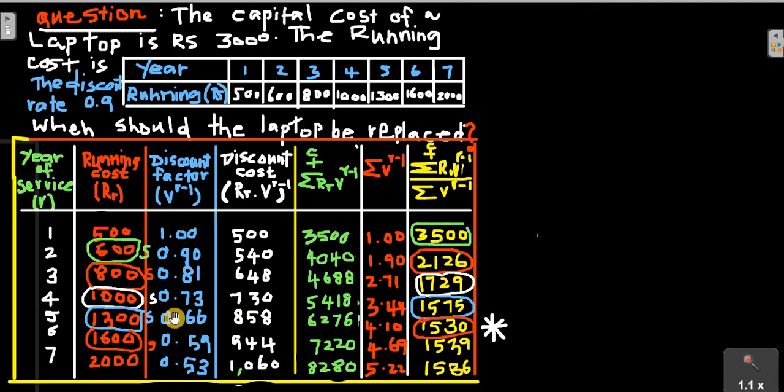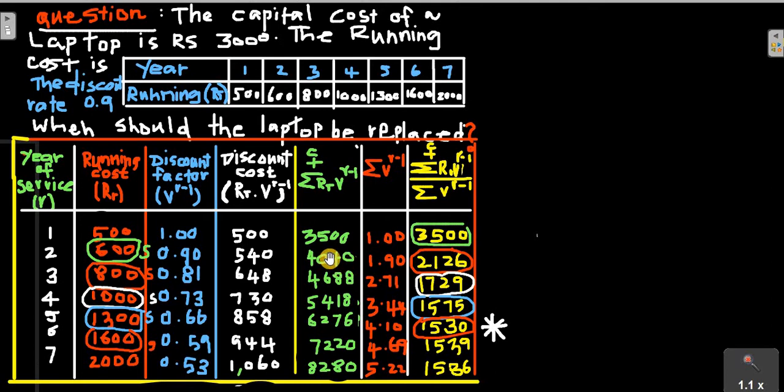Like that, if you multiply this and this, you will get the rest. Now first you add the capital cost of the laptop, that is 3000. Then add this, you will get 3000 plus 500, 3500. Then you add the next one, and you will get the next value.